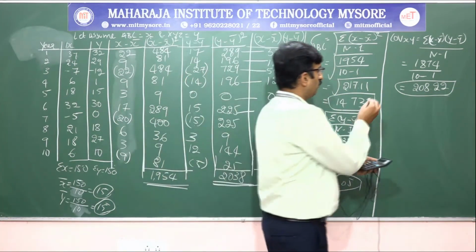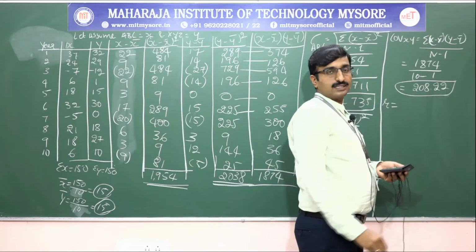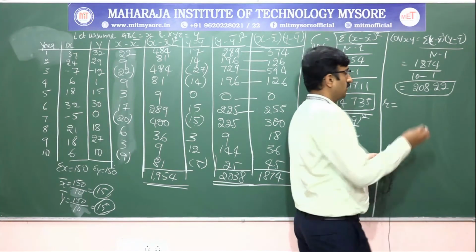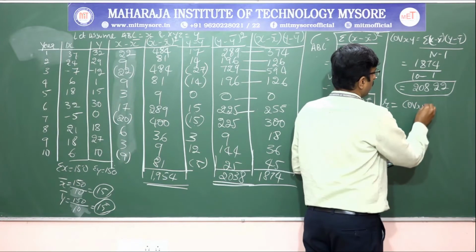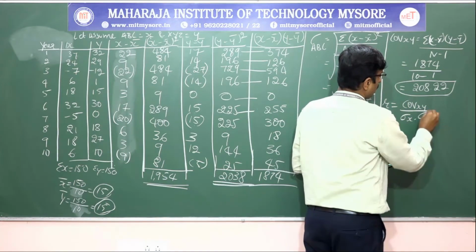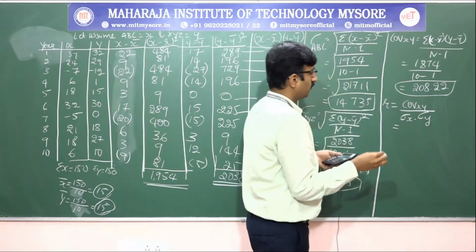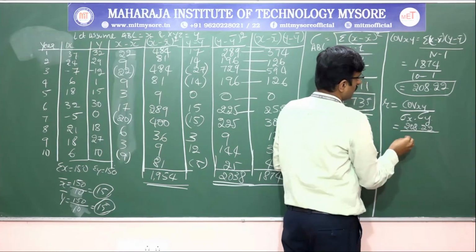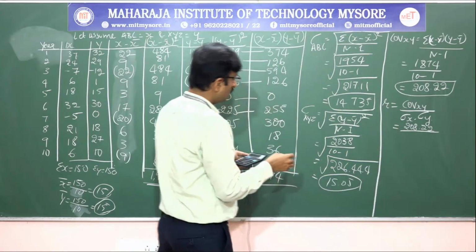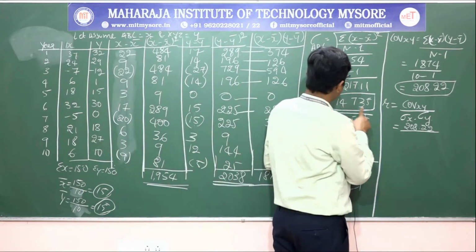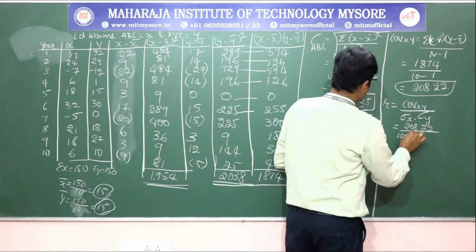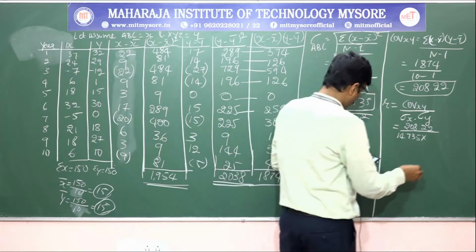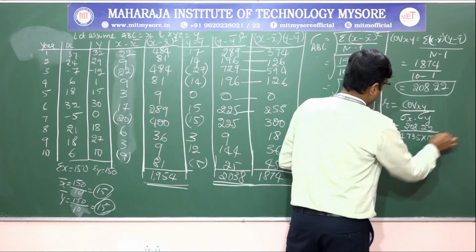Then find the value of R. What is the formula of R? R is equal to covariance of XY divided by standard deviation of X into standard deviation of Y. Covariance of XY is 208.22, divided by standard deviation of X, already found, that is 14.735, into standard deviation of Y, which is 15.05.